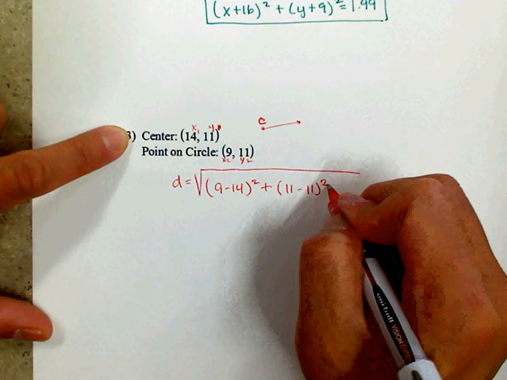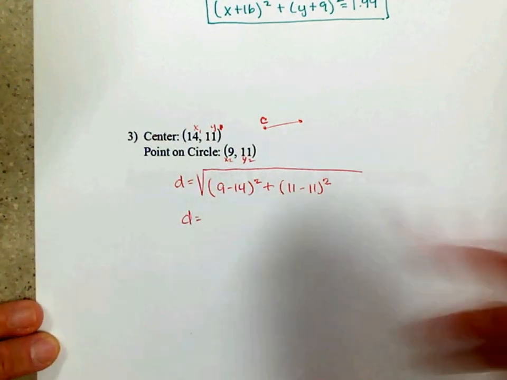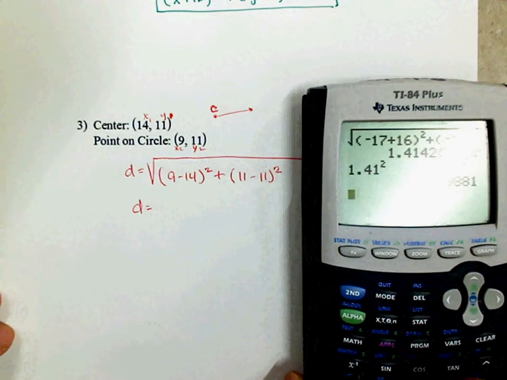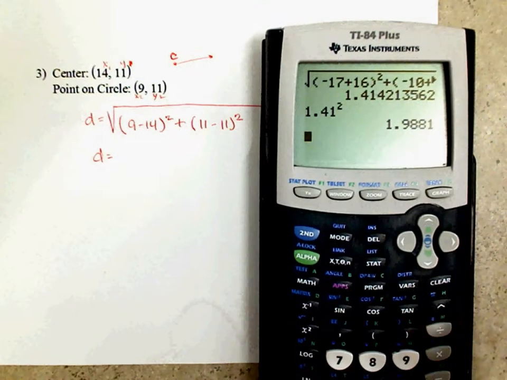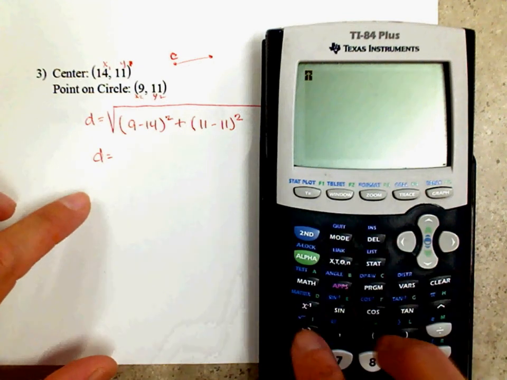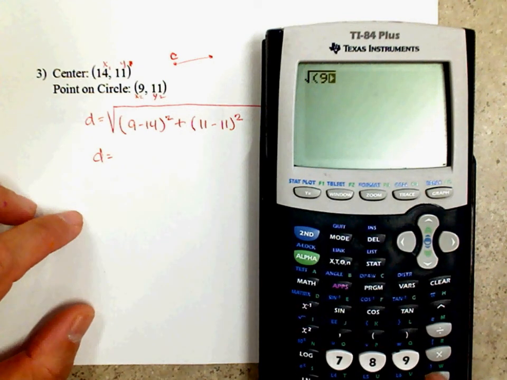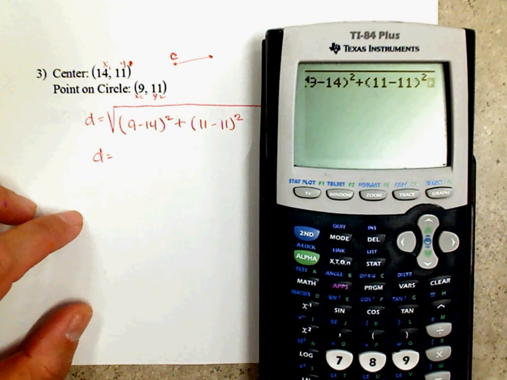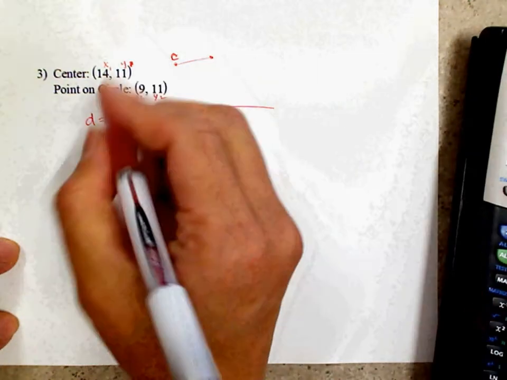So let's see what our d comes out to be. Let's see, you guys can see that. Okay. Square root, parentheses, 9 minus 14 squared, plus, parentheses, 11 minus 11 squared, comes out to be 5. Remember, that is your radius.